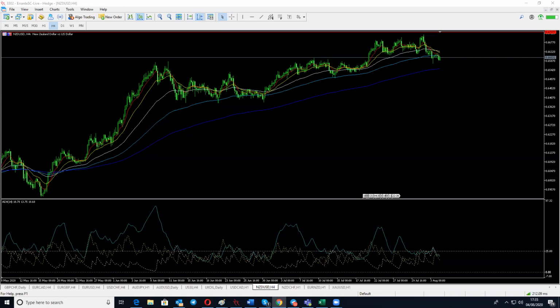But I think tomorrow would be even better to look out for. Tomorrow and Thursday, tomorrow onwards until Friday, we have got a very good heavy economic calendar of high impact news. So we want to monitor.